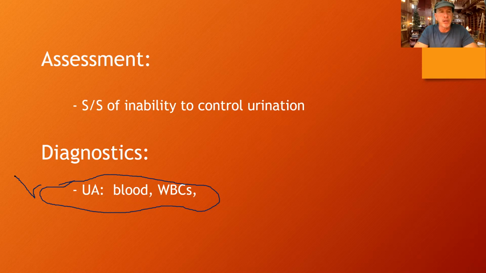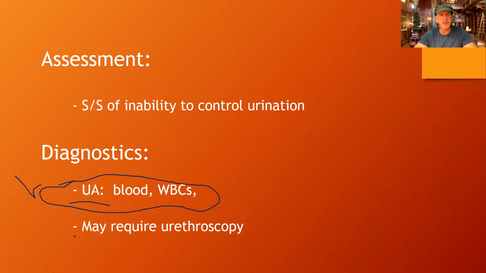So if you're working in a care facility and you have an 80 or 90-year-old patient, and then suddenly that patient's getting angry, violent, seeing lizards on the wall, whatever, and you're wondering what the heck is going on with this patient, because it's kind of a sudden onset, first thing I would look at is get a UA and see if they have a bladder infection, because the bladder infection will drive those older people nuts. So just a little piece of trivia to stick in the back of your mind.